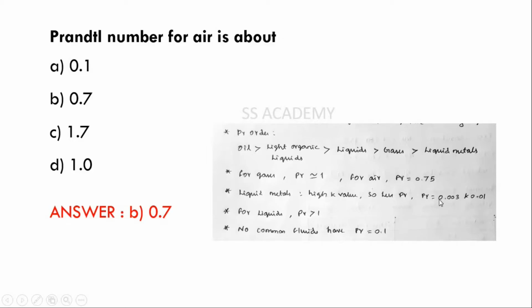The Pr order is between 0.003 to 0.01, and for liquids Prandtl number is greater than 1. A very important pointer: no common fluid has Prandtl number in the order of 0.1. So for this question the Prandtl number value for air is 0.7. If they are asking for gases, it is approximately equal to 1.